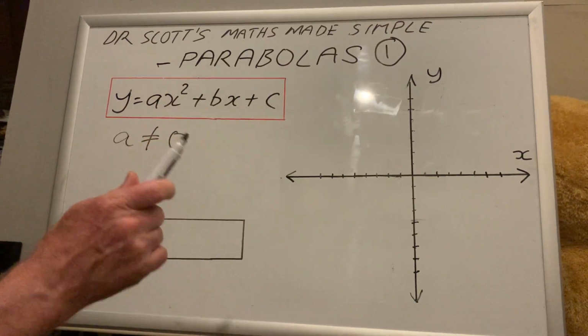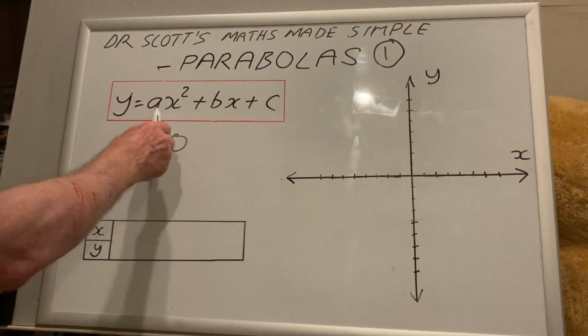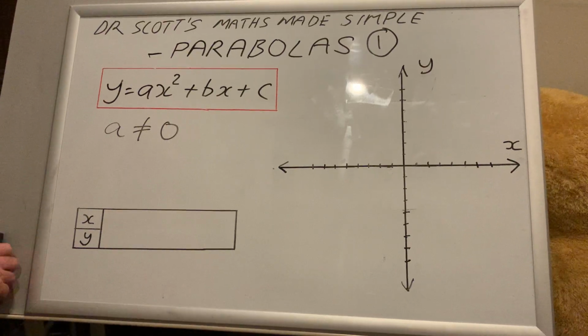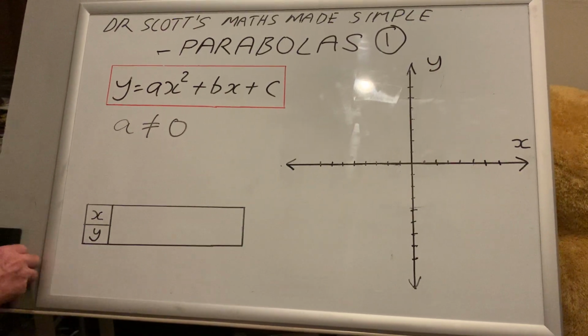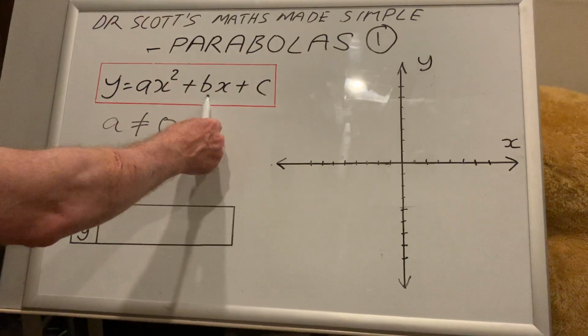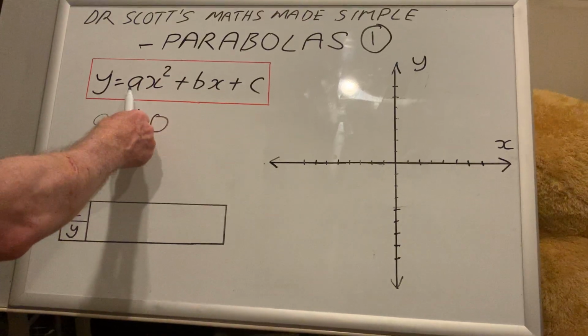Otherwise it's not a parabola. So you can't leave out the x squared to be a parabola. B can be 0 and C can be 0, but A can't be 0.